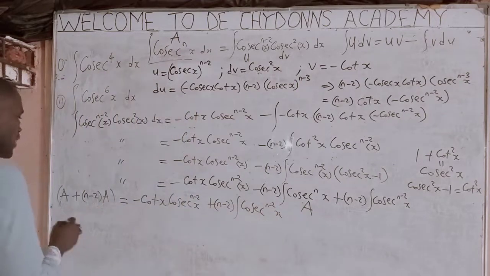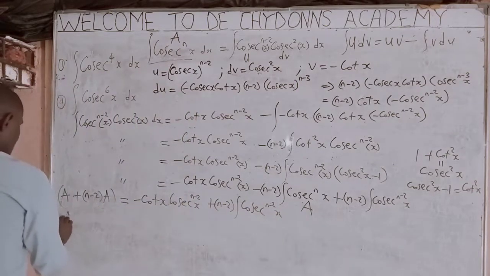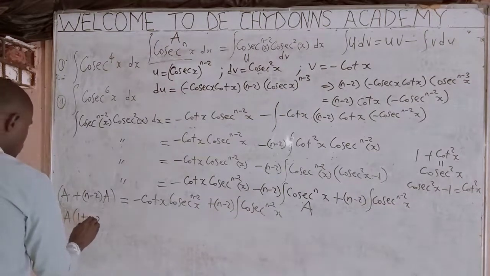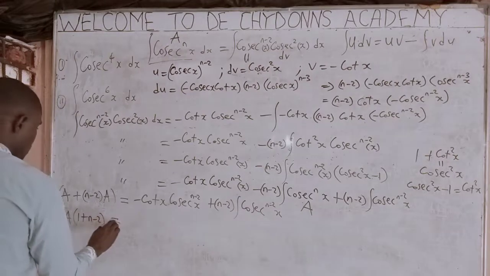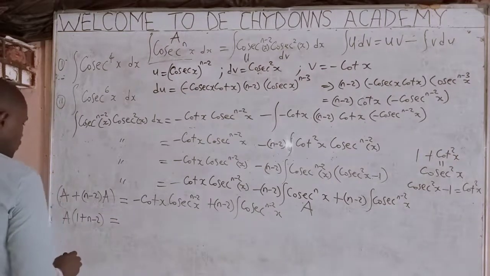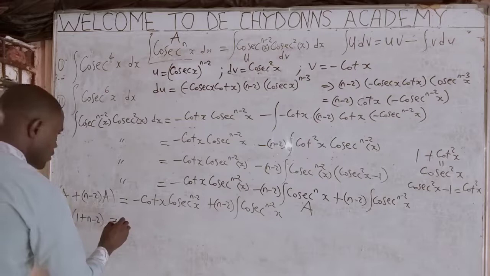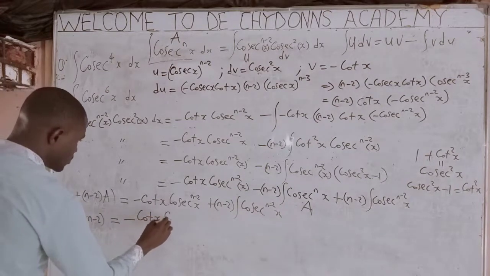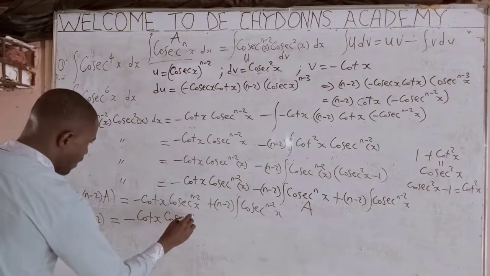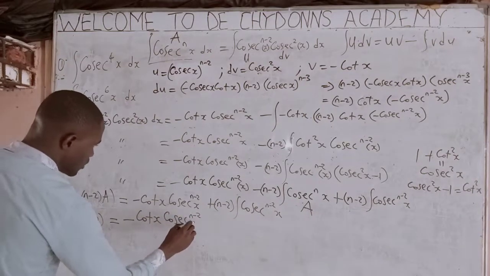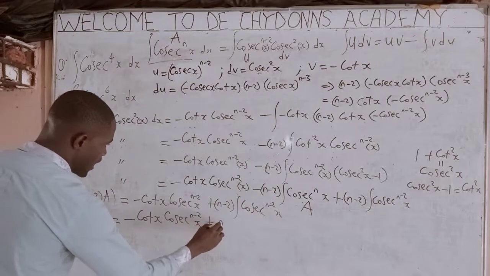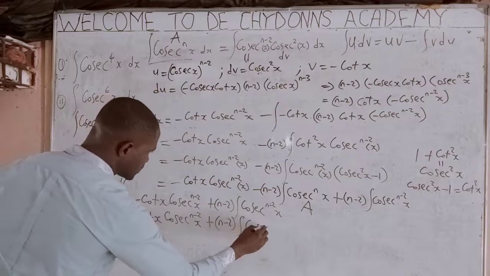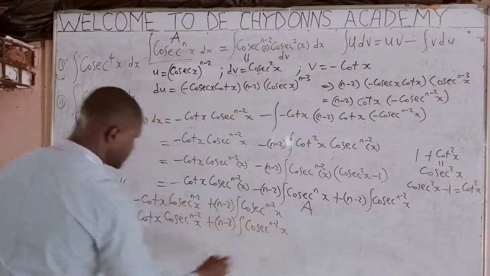So what we do is we factorize A, bracket 1 plus n minus 2. That will be giving us minus cot x cosec to the power n minus 2 of x, plus n minus 2 integration cosec to the power n minus 2 of x.